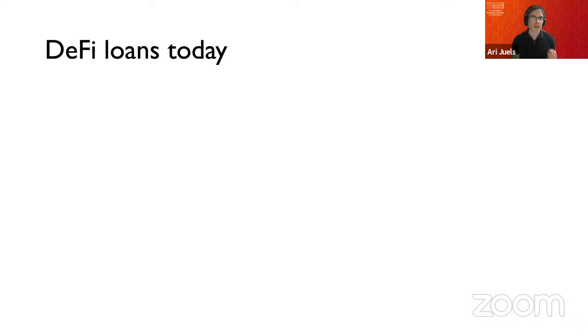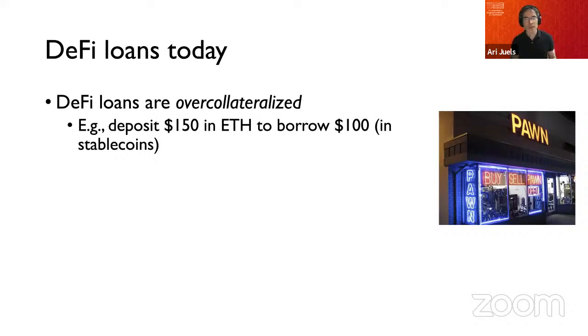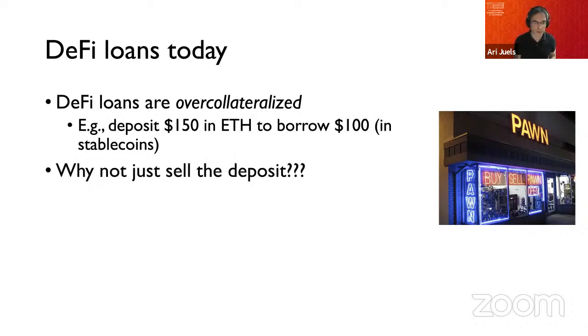Today, decentralized finance loans are typically over-collateralized. That means that to borrow a certain amount, say $100, you need to provide a smart contract with an excess of that amount in cryptocurrency. If you want to borrow, say, $100 in stablecoins, you would have to deposit $150 in ETH in a system like, say, MakerDAO.